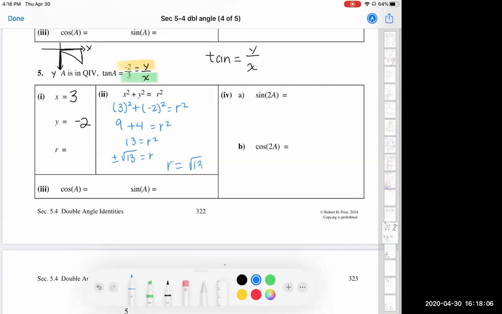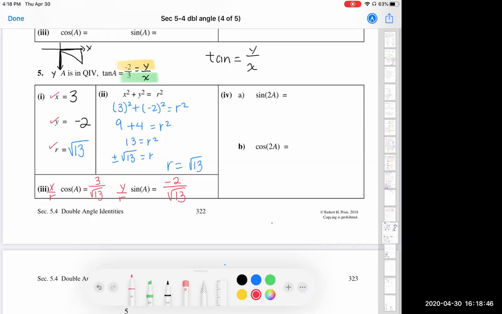So r is square root of 13. We know cosine is x over r and sine is y over r. Let's make a replacement now that I know x, y, and r. So cosine is x over r, x is 3, and r is square root of 13. Sine is y over r, y is -2, and r is square root of 13. Now we could rationalize, but there's no point because I have to work with my formulas next.